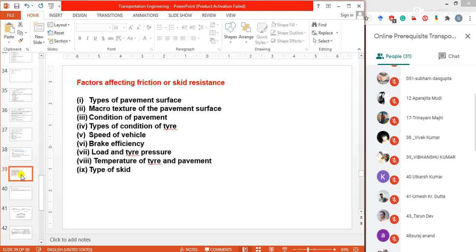If your pavement is uneven, your fuel consumption will be high, and the durability of the parts of the vehicle will not last long. That's why pavement unevenness is an important factor affecting vehicle operation cost.